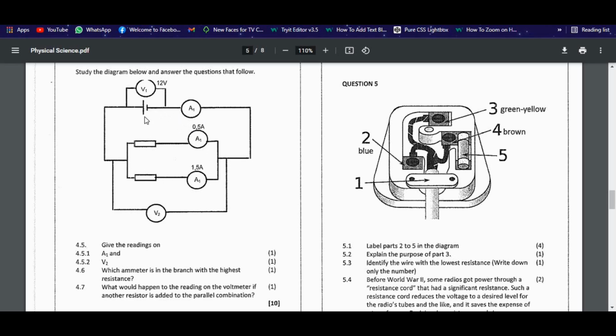So the current passes and splits here, and it splits accordingly. That means once it's finished going through the parallel circuit, it must join up somewhere and return to its original whole value. So ladies and gentlemen, what is 1.5 plus 0.5? Anybody?